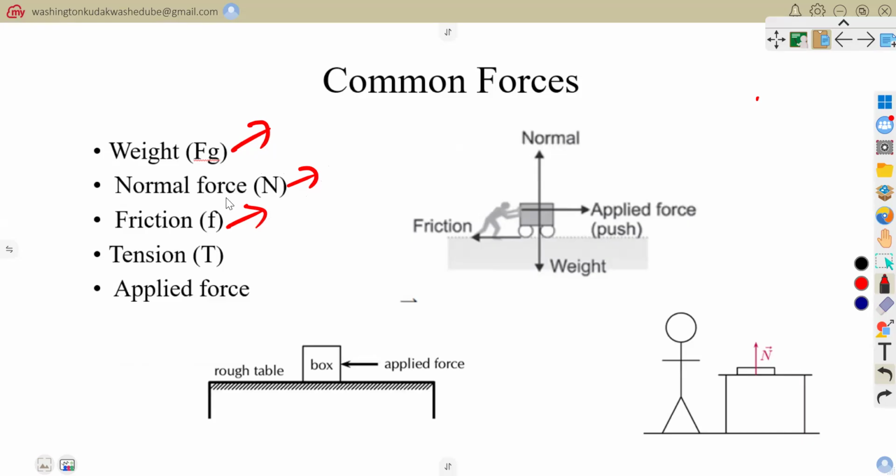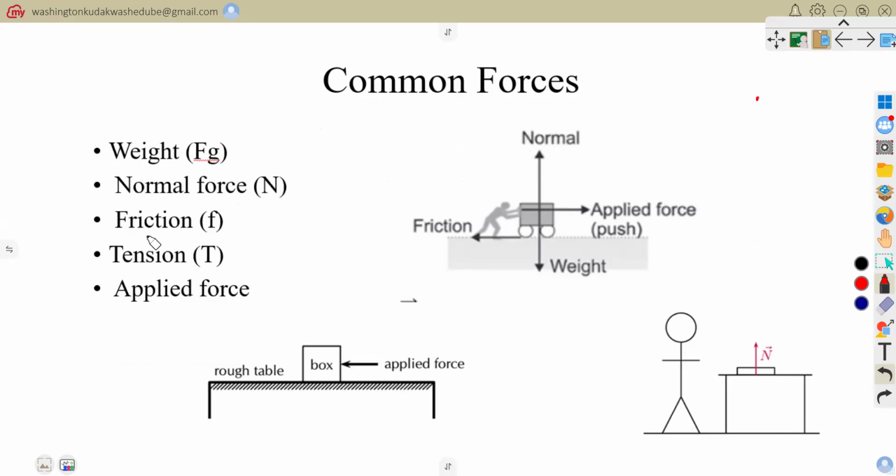Mind you, we are going to dive deep into defining what weight is, what normal force is, what frictional force is, as well as what a tension or tensional force is, and an applied force is. And look into how we measure them, how we determine them, how we get to identify them, and how we represent them in terms of force and free body diagrams. So here we are just stating the different and common types of forces that we are going to be looking into within our syllabus.